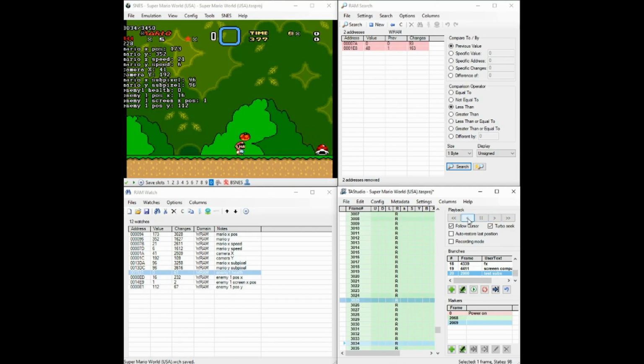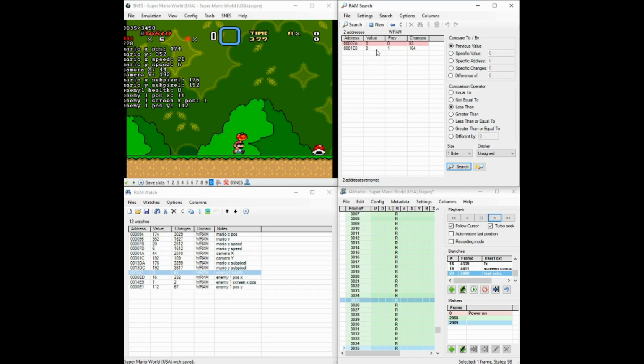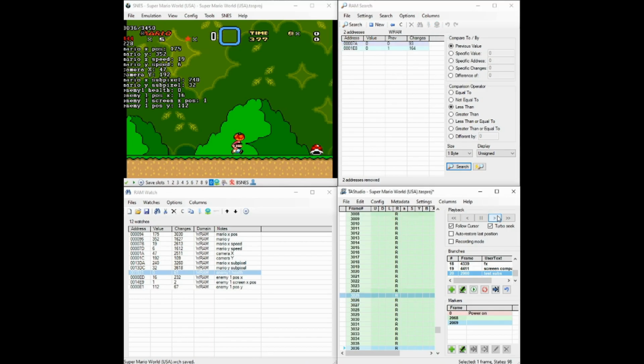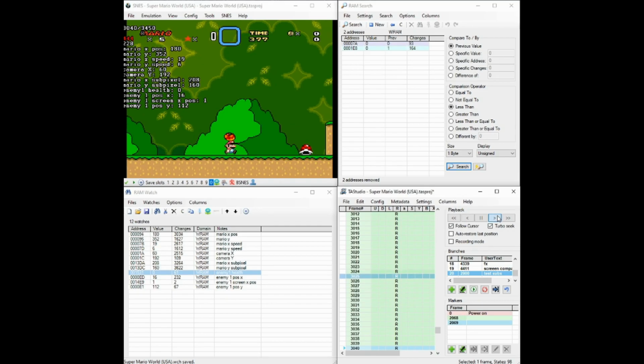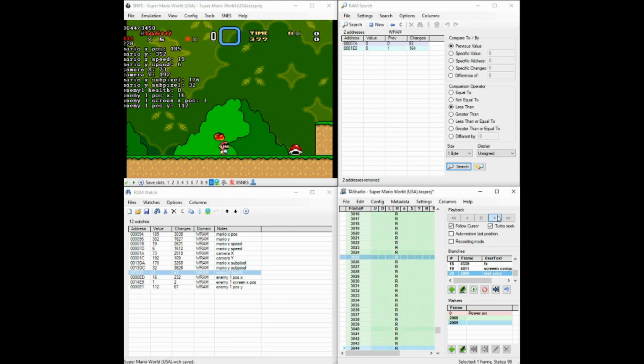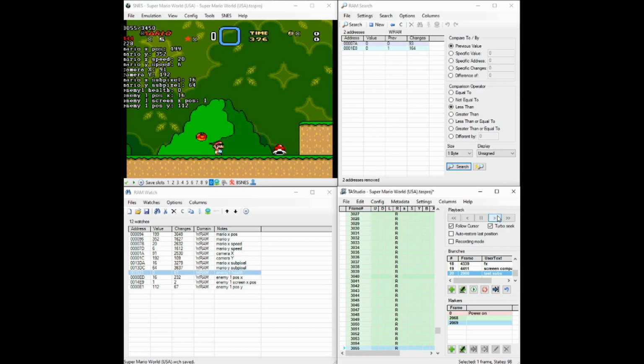Okay, so there's the 21, and it is a low value. Both of them are 0, as I would expect, or a low value, not necessarily 0. Okay, so 19, 20, 19, 20, 19, 20, 19. It's one of those because he's not getting that extra 1 speed.